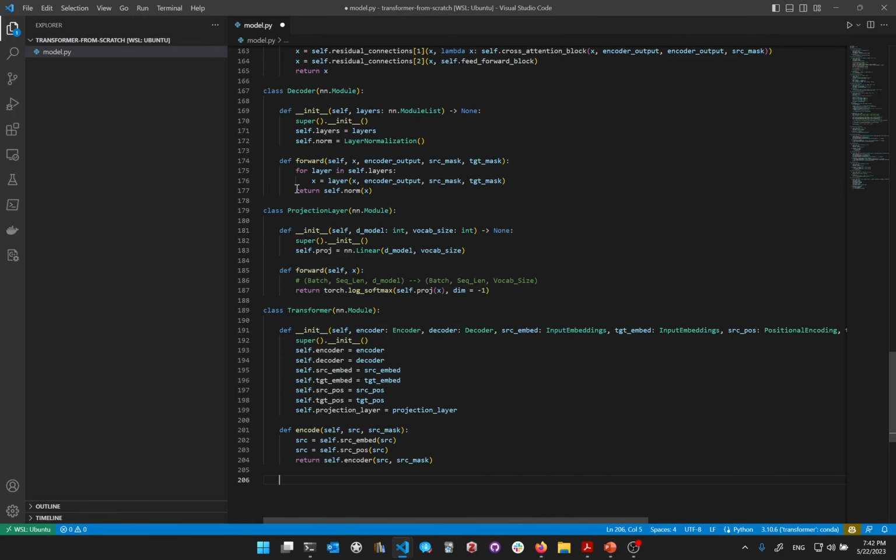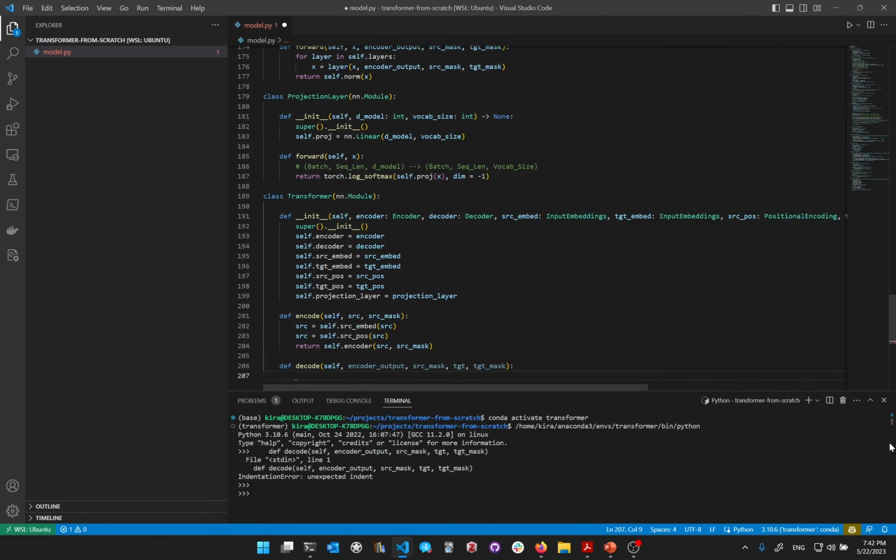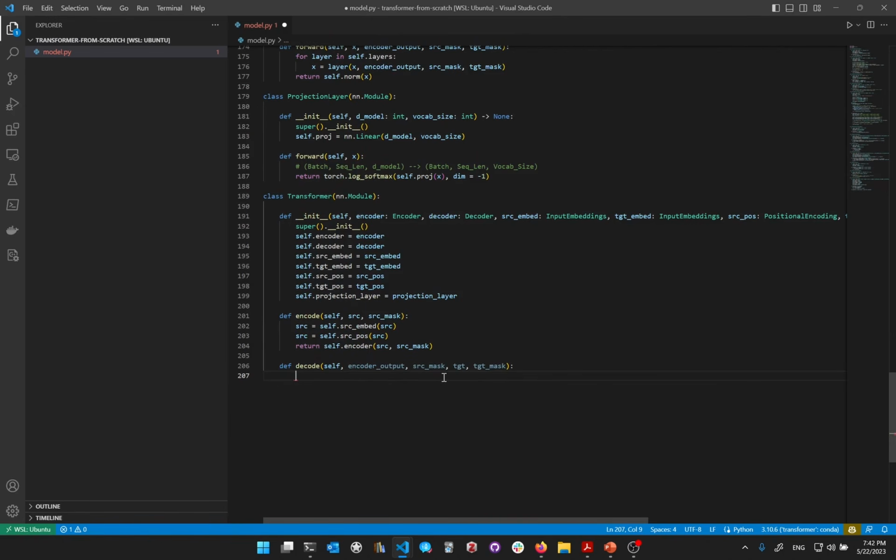Then we define the decode method, which takes the encoder output, which is a tensor, the source mask, which is a tensor, the target, and the target mask. What we do is we first apply the target embedding to the target sentence. Then we apply the positional encoding to the target sentence. And finally we decode.